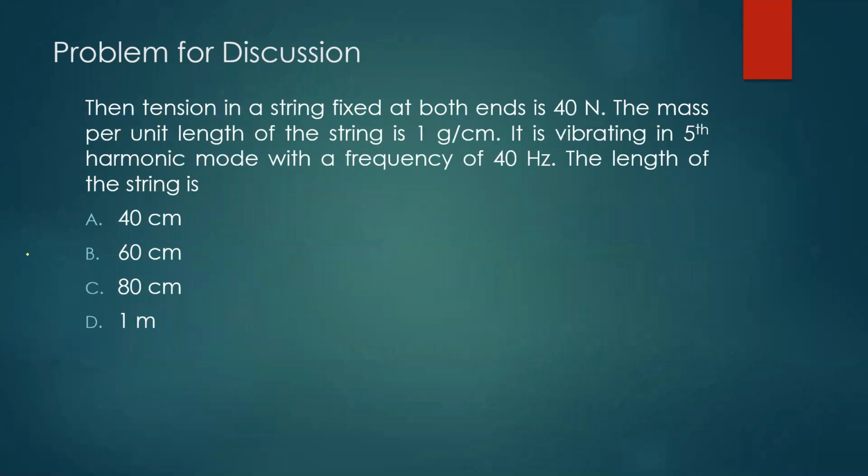Okay, so can you answer this question? If you take a string which is fixed at both ends, when we want a minimum frequency, we want the wavelength to be as high as possible. The fixed ends have to be nodes. So for the fundamental, you go from node to node, and obviously there is an antinode in between.